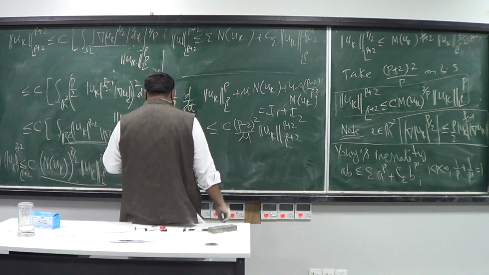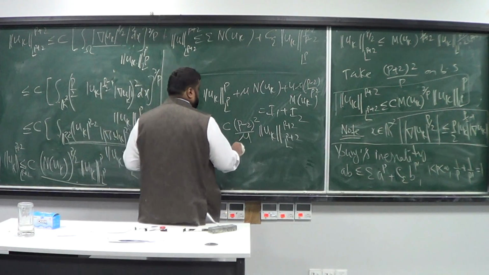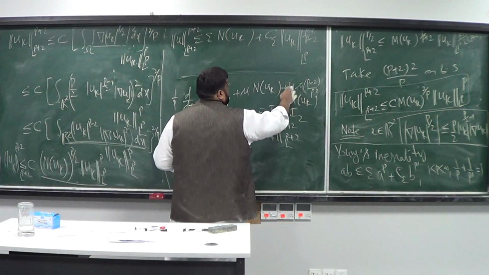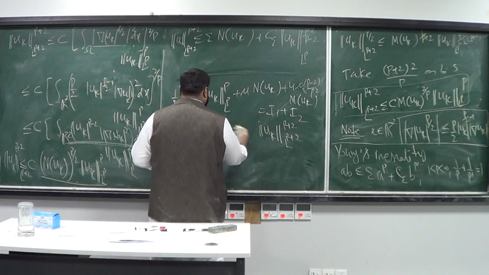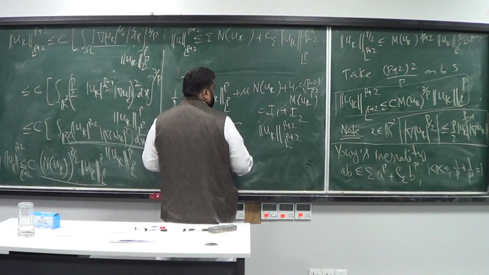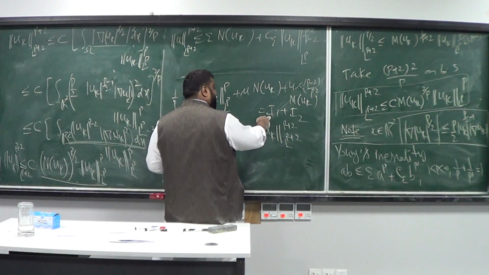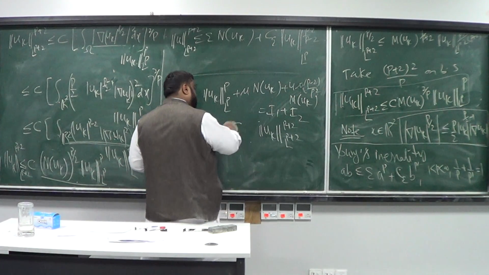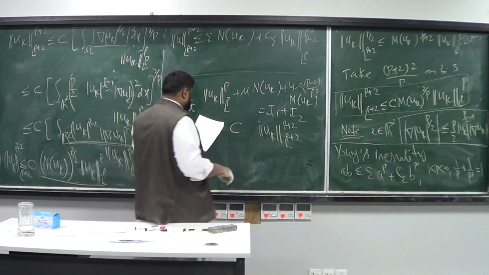Okay, this is what you're going to get. And if you wish, you can multiply this constant here, but then you can call all of this stuff a constant C actually. So there was some constant in the estimate for I1, and everything multiplied, let's call that again constant C.